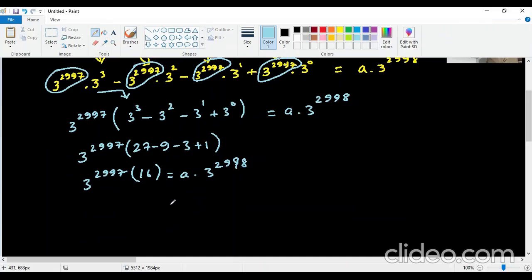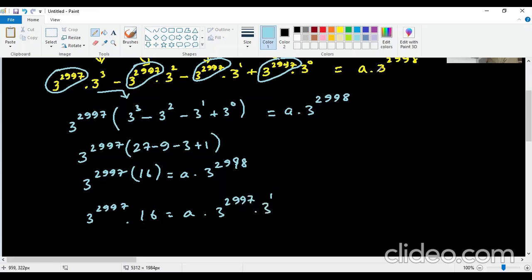Now, if I write this one, 3 to the power 2997 multiplied by 16 is also equal to a times 3 to the power 2998. Instead, I would write 3 to the power 2997 times 3 to the power 1.